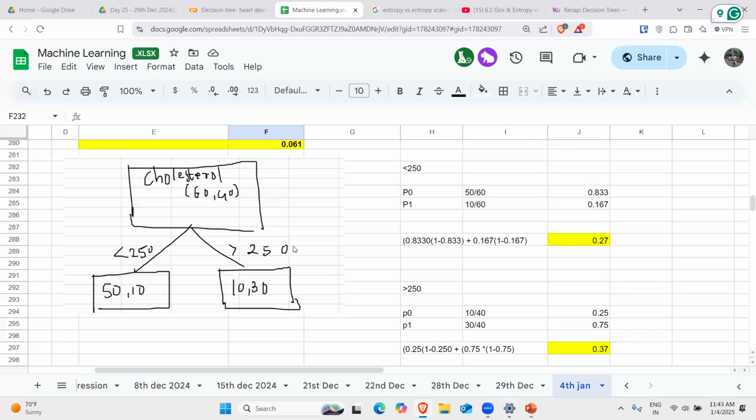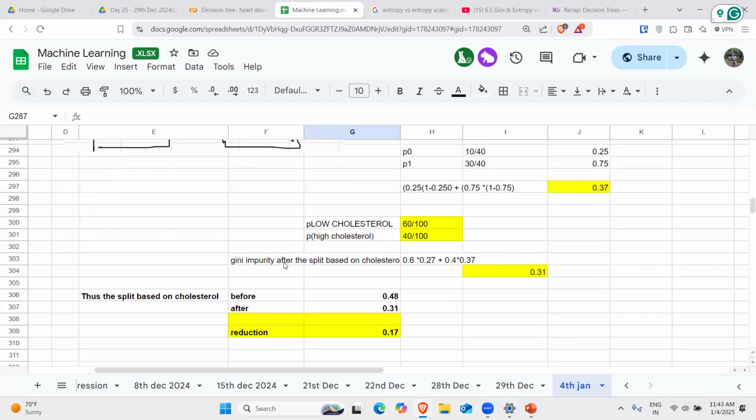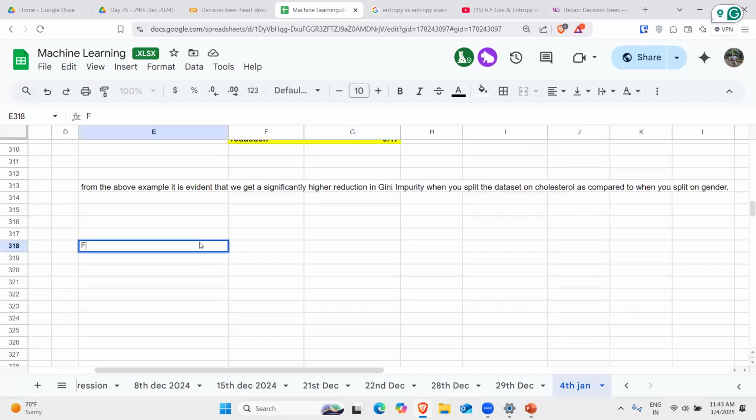Let's go to the next part, that is feature importance in decision trees. That will be perhaps the last part of today's session. Feature importance of decision trees.